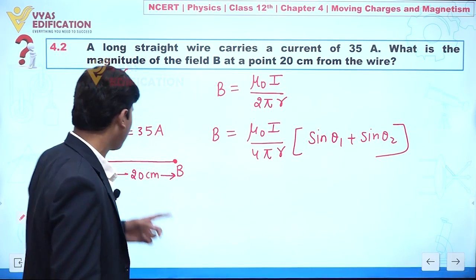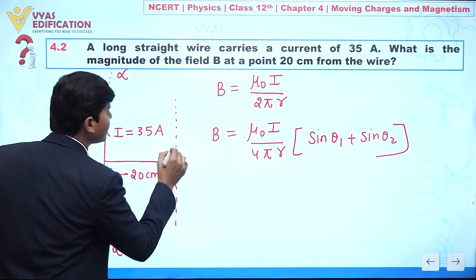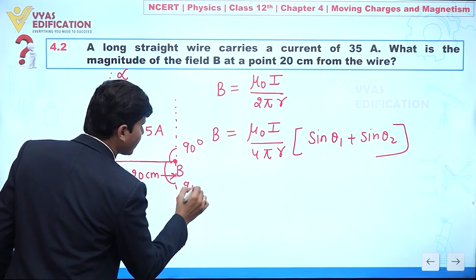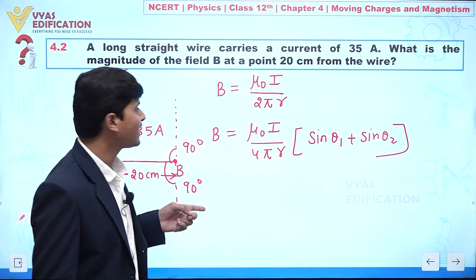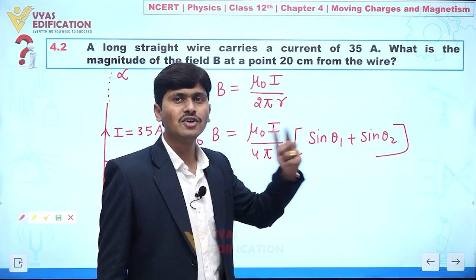Now from this point B, because this is a very long wire, this angle is 90 degrees and this angle is also 90 degrees. So we can put theta 1 equal to 90 and theta 2 equal to 90.